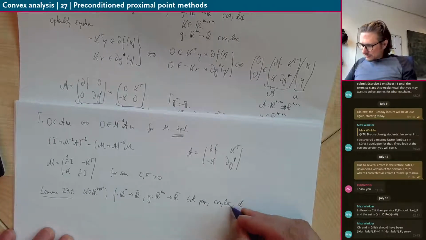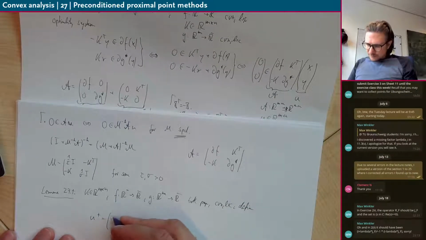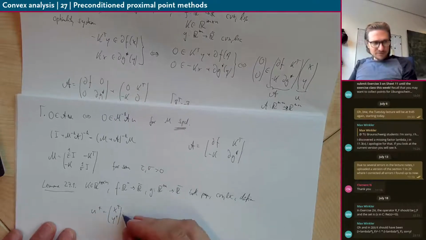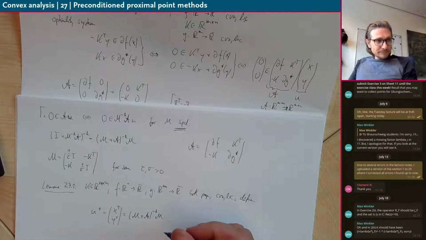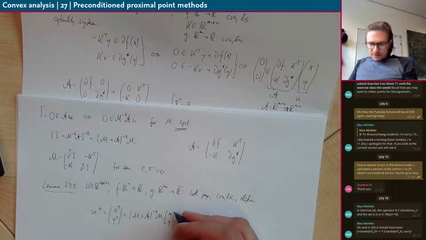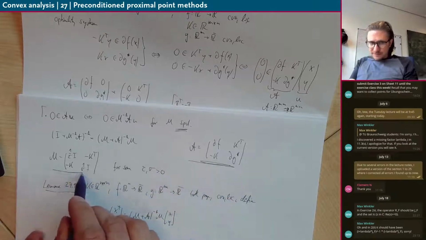And we define a vector u plus, which has the components x plus and y plus, which should be just one preconditioned proximal point step by (M plus A) to the minus 1 times M applied to (x, y), with this M and this A here. This is the M, this is the A.